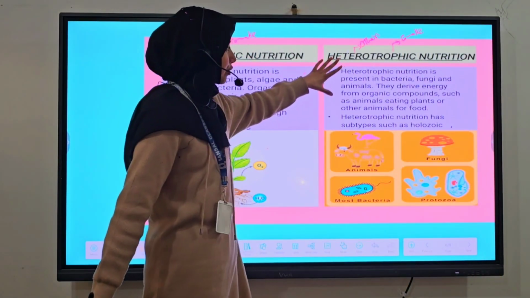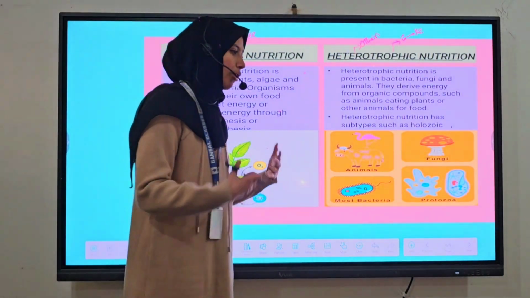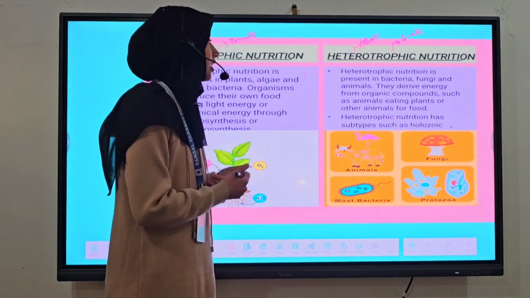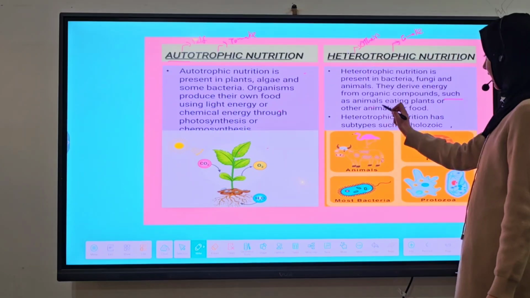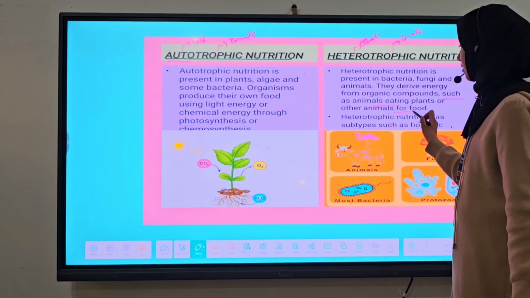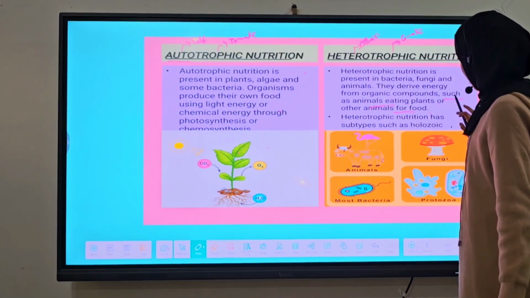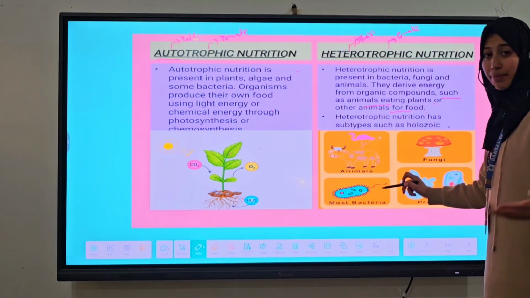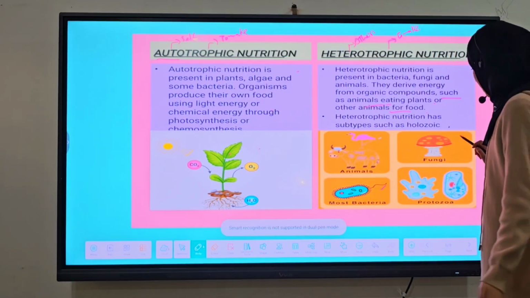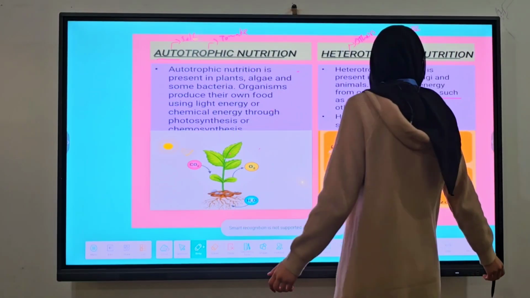Heterotrophic nutrition is present in bacteria, fungi, and in us, humans and animals. They derive their energy from organic compounds. It has subtypes such as holozoic, like animals, many bacteria, protozoa, and fungi.